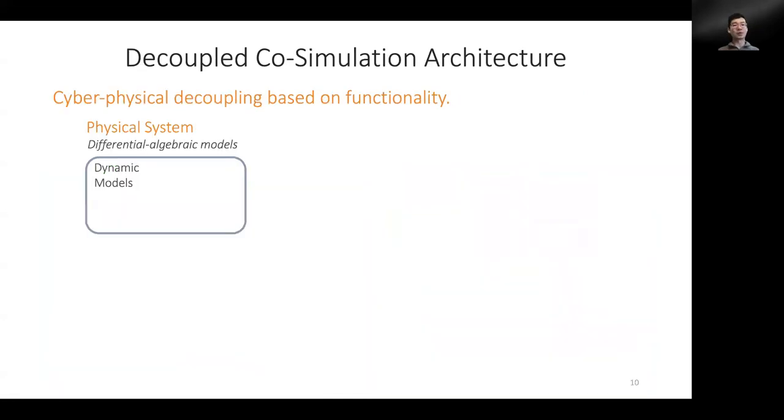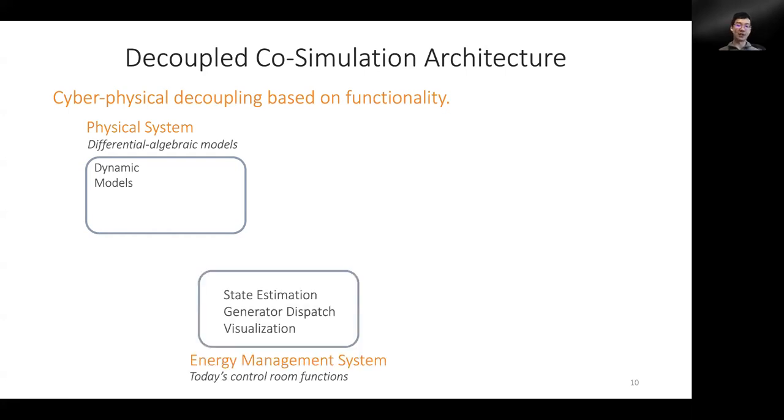Our approach is a decoupled cyber-physical co-simulation method, decoupling the cyber and physical parts based on functionality. The method I propose consists of three categories of subsystems. The first one is a physical system, which uses power system dynamic simulators to solve the differential algebraic equations that model power system dynamics.